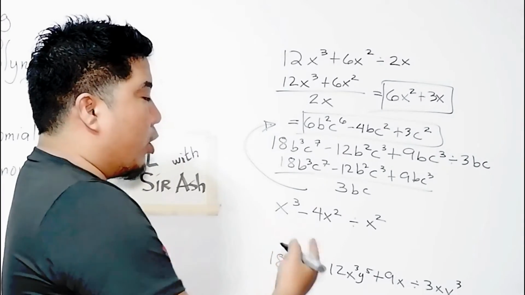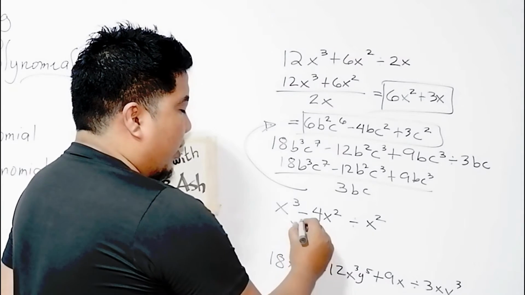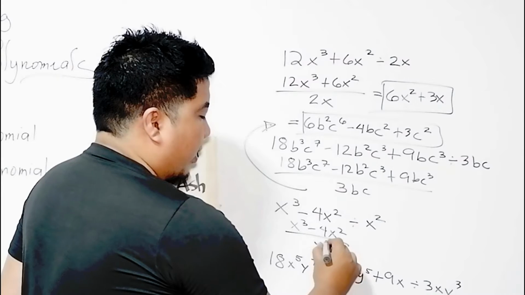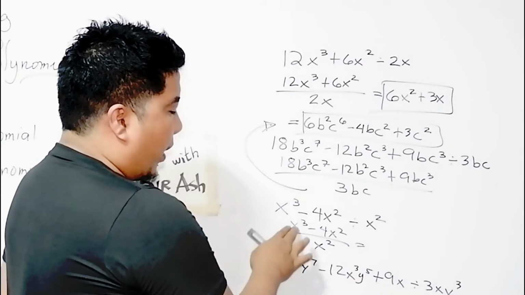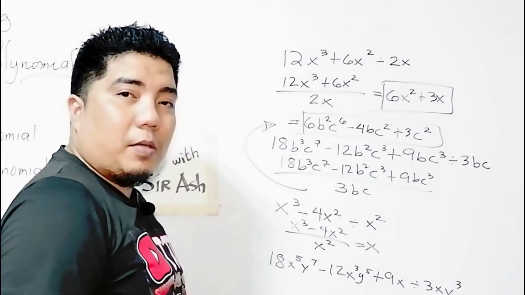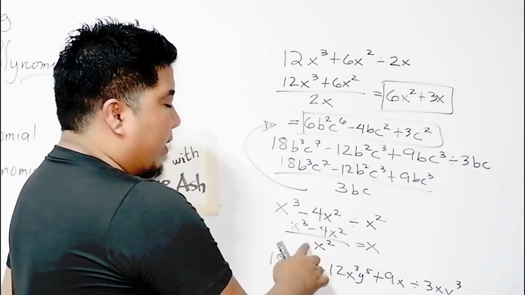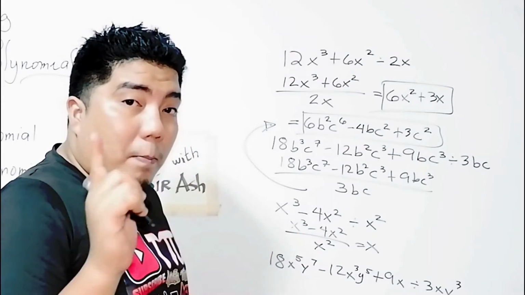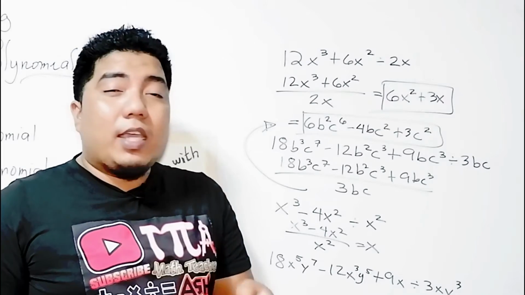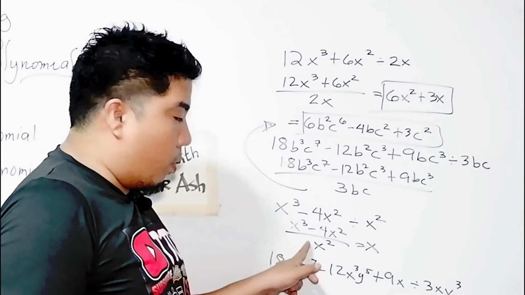We have x cubed minus 4x squared divided by x squared. So, I'll just write this one: x cubed minus 4x squared over x squared. x cubed divided by x squared, that will give me x, because 3 minus 2 is 1. Negative 4. Since there is no number here, remember that if you have a variable and you don't see any numerical coefficient, automatically there is an invisible 1 there.